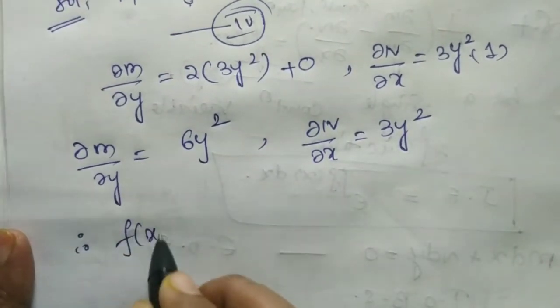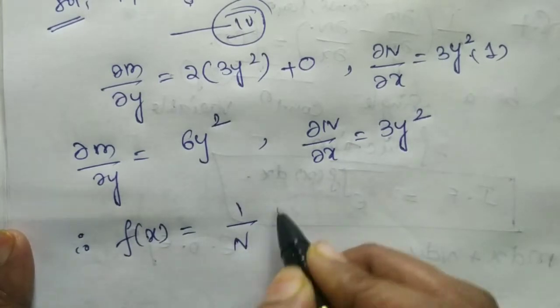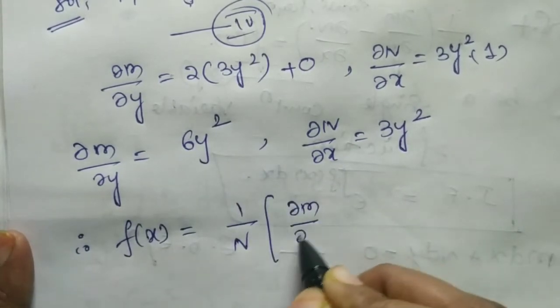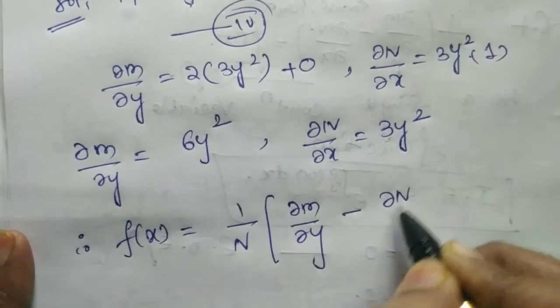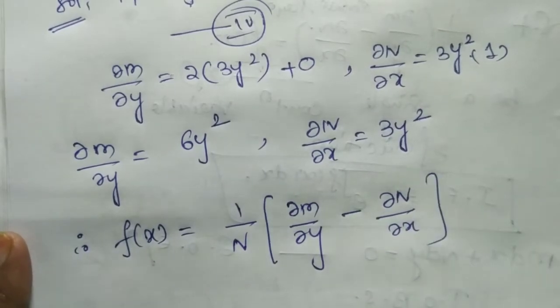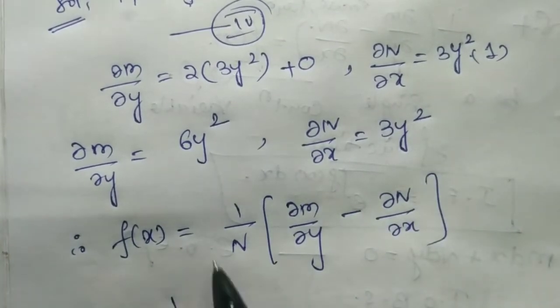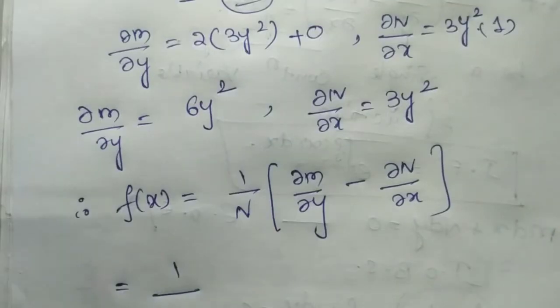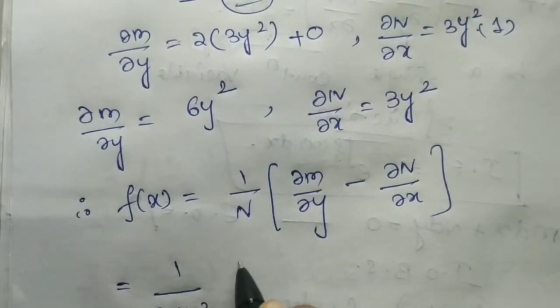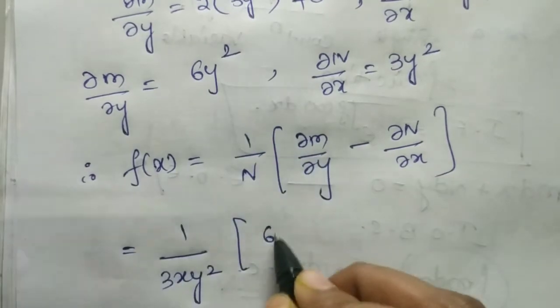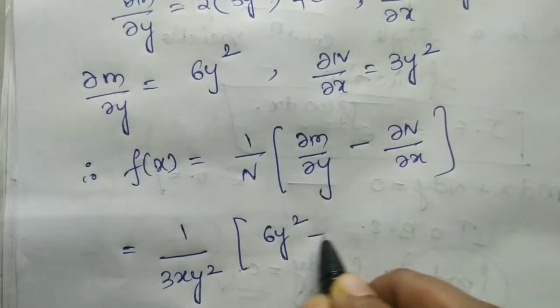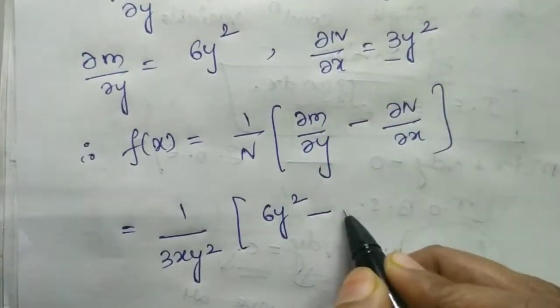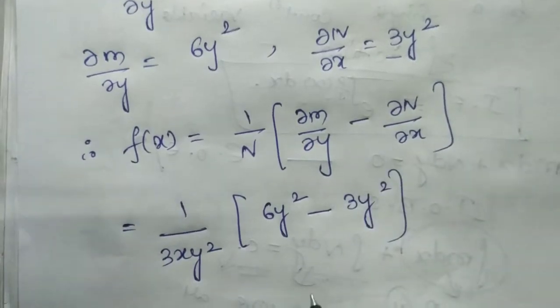So by the method 4 condition, f of x equal to 1 by N of (∂M/∂y minus ∂N/∂x). What is the N value? 3xy square.